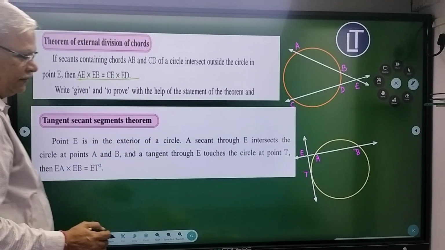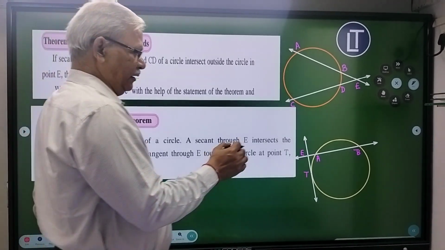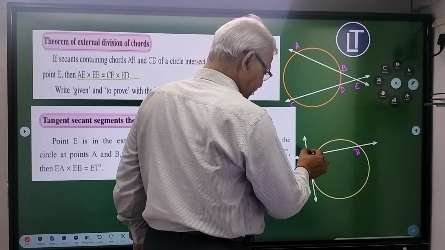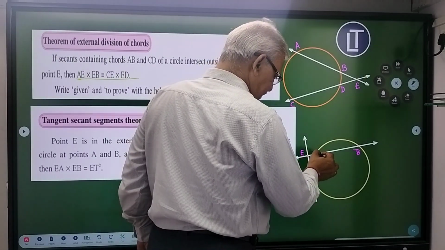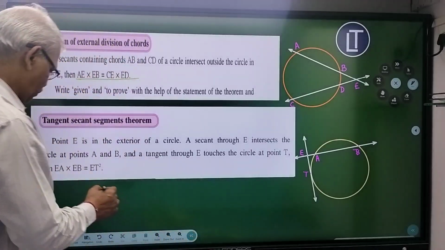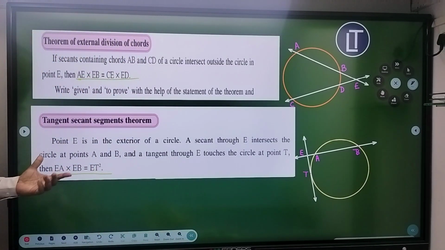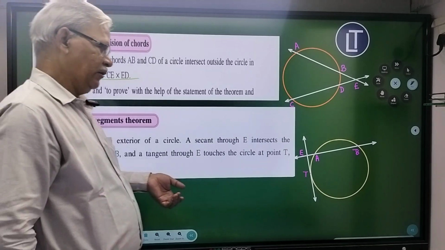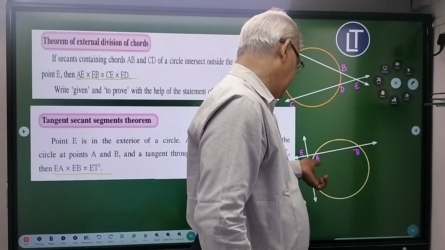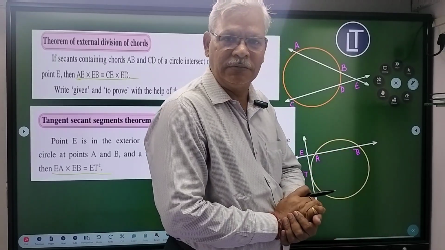Then here, EA and EB. Here also you have to take from the point of intersection, that is EA into EB is equal to ET square. You can use this formula to find out EA or EB or ET or AB also.